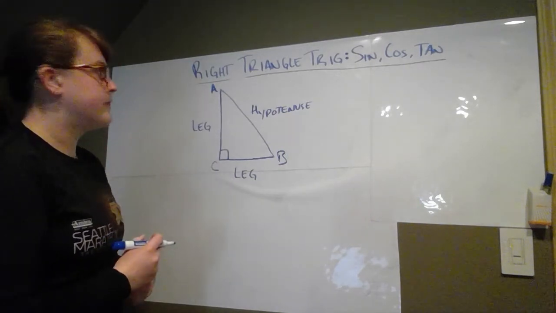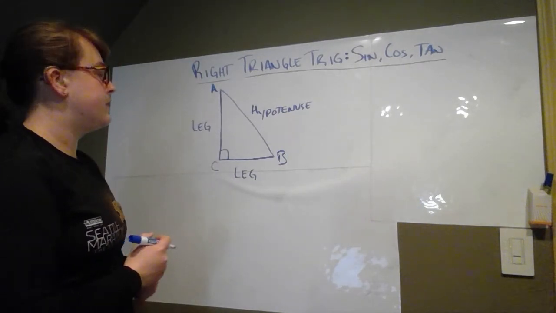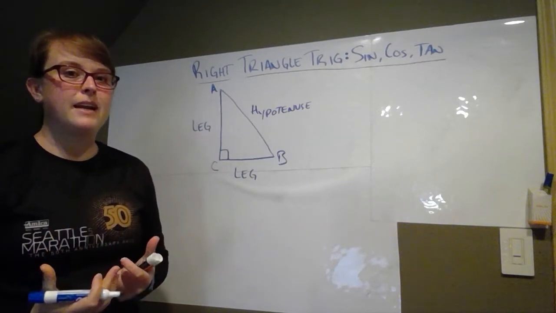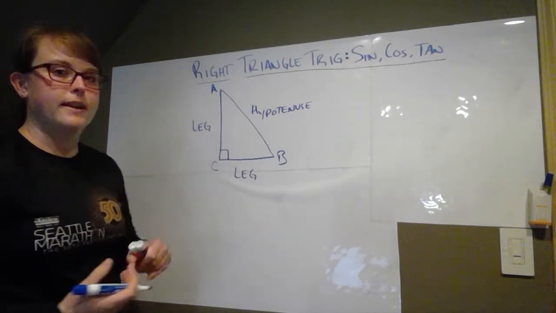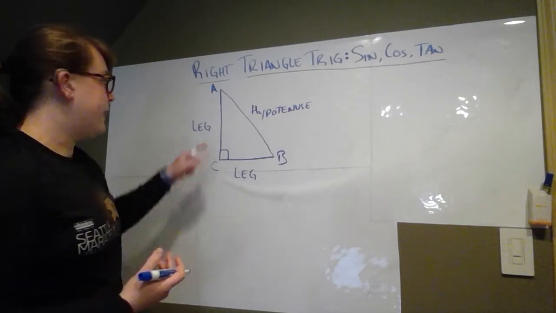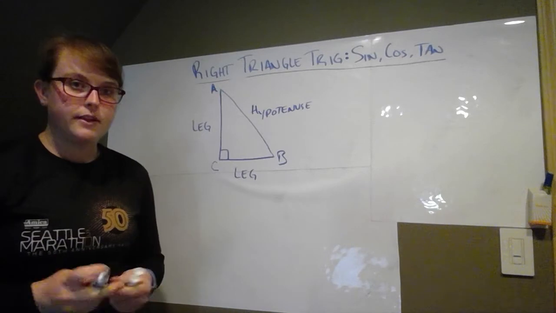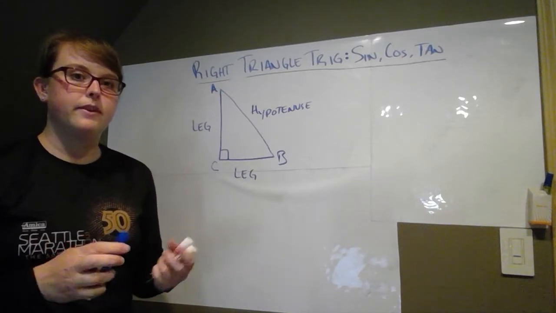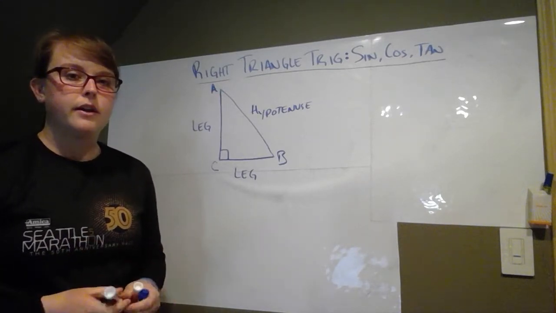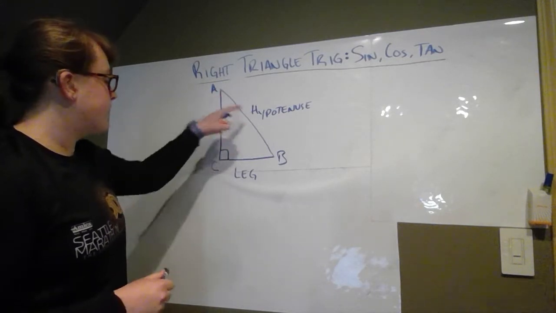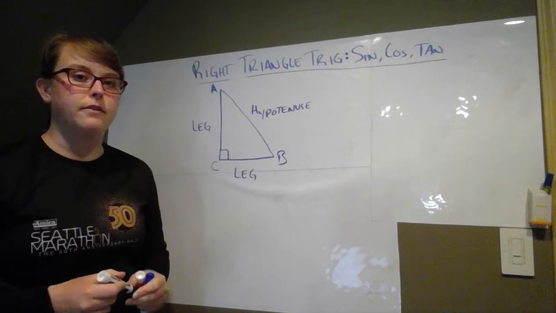The problem is, in order for us to use ratios of the sides and be very specific about what side we're talking about, we can't just call them legs anymore, because we need to know which leg we're talking about. So all of this is going to be with respect to a specific angle. Anytime you use trigonometry, you're going to be looking at a particular angle and referring to the different sides with respect to that angle.